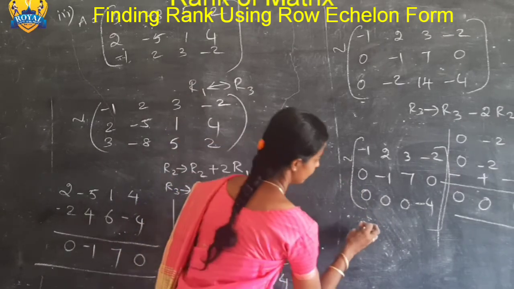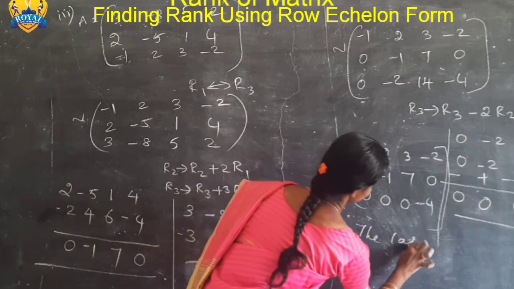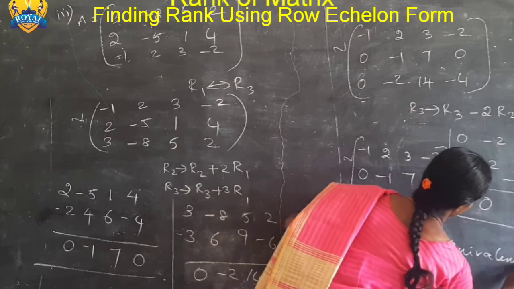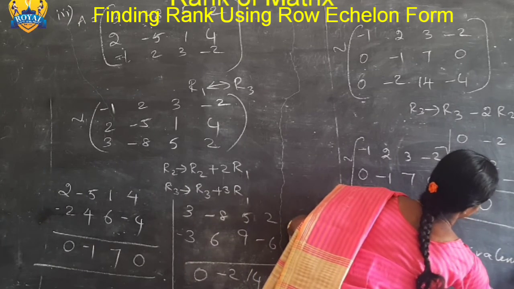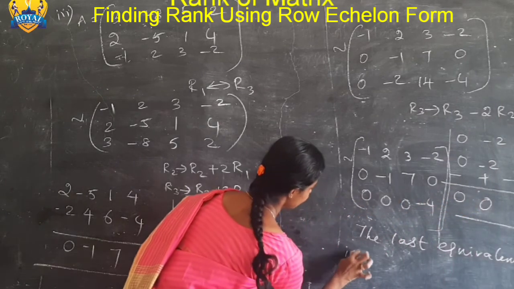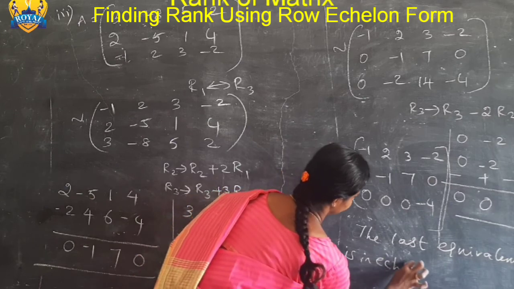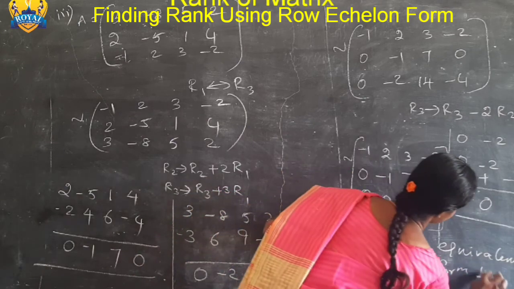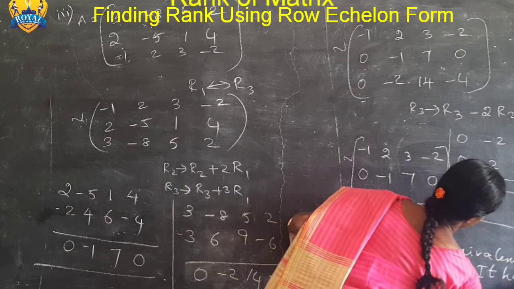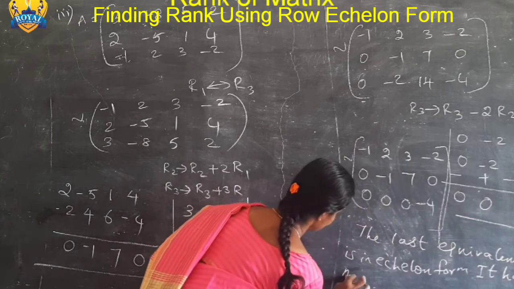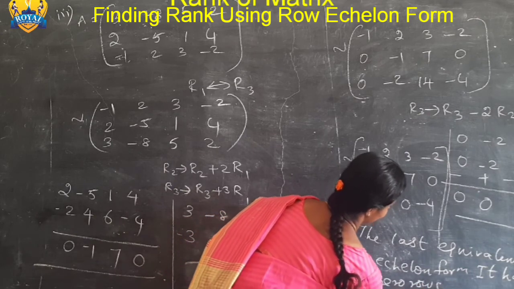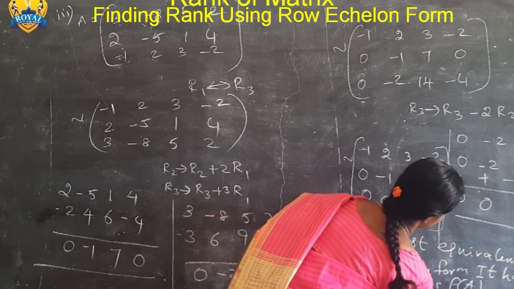So the last equivalent matrix is in echelon form. It has how many? 3 non-zero rows. So my rank of A will be definitely equal to 3.